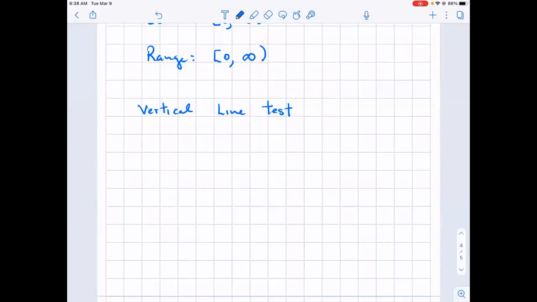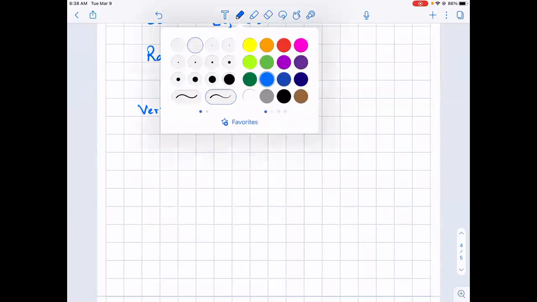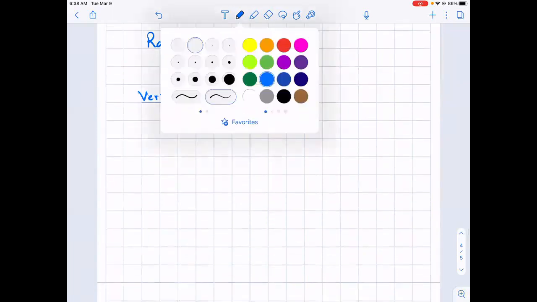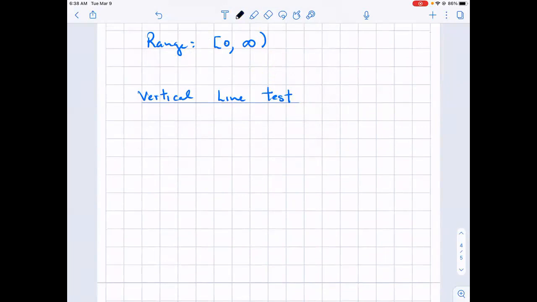The vertical line test is a little tool that we can use to identify if the graph represents a function. So as I said before, not all graphs represent functions.